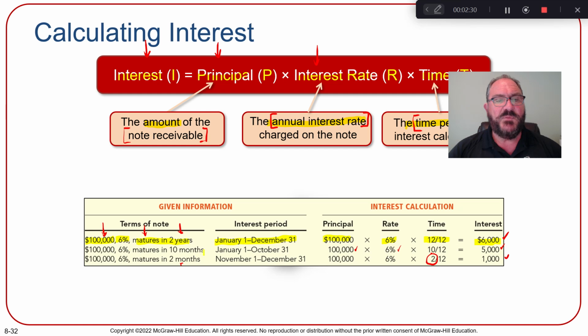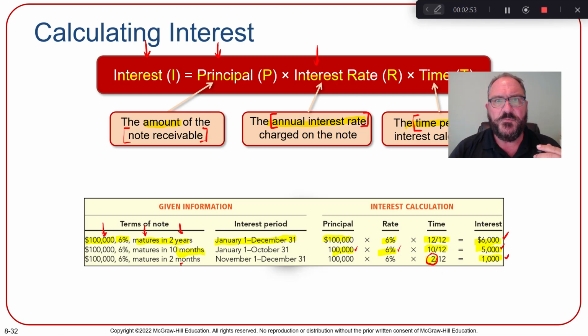Now here you have it, but it matures in 10 months. So notice the same 100,000, the same 6%, but 10 out of 12. So only 10 months out of 12, and that's $5,000 in interest. And here, if it was only 2 months, notice 2 out of 12, it's $1,000. So that's basically how you calculate the interest.